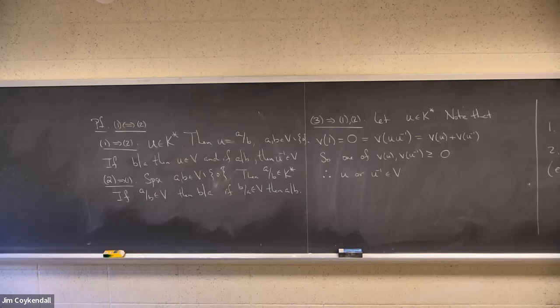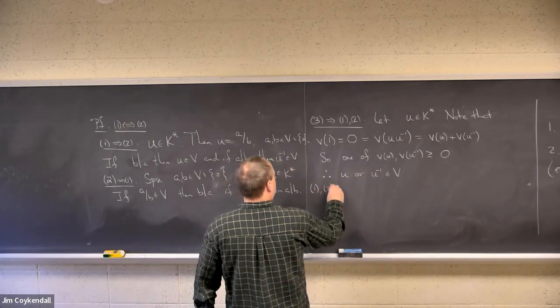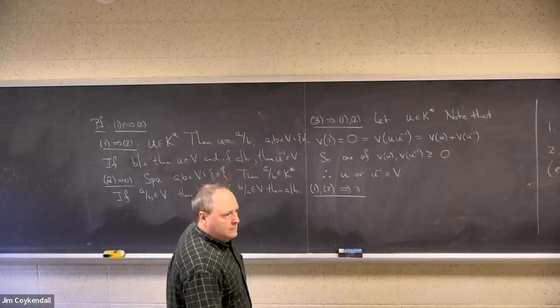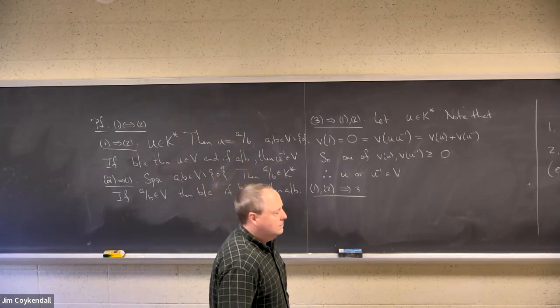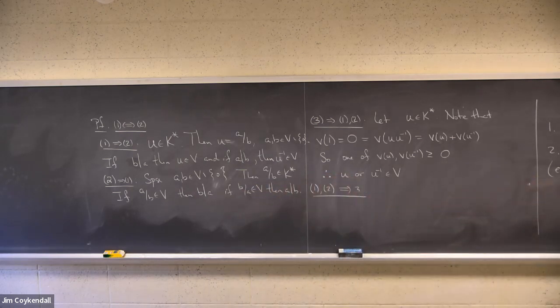How do we build a valuation, right? So what do we have? We have these equivalent conditions: given any A, B, and A over B, B over A, we have U in K, U or U inverse is in V.